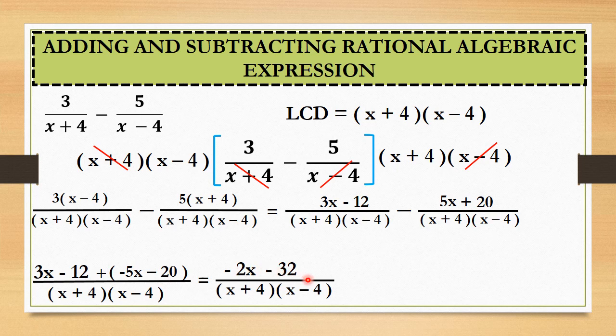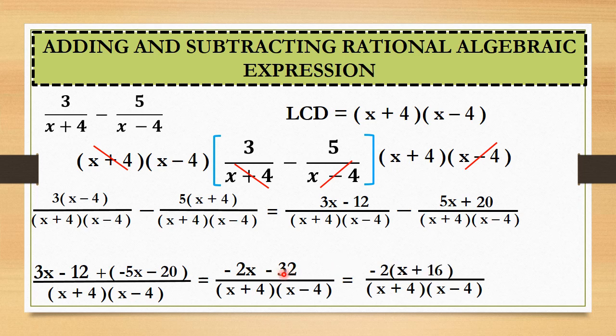Right, tingnan natin kung pwede pang ma-factor yung negative 2x and 32. So, pwede pa, yung kanilang greatest common factor ay negative 2. So, keep the LCD in factored form. So, greatest common factor, factor out, negative 2. Then, negative 2x divided by negative 2, we have x.